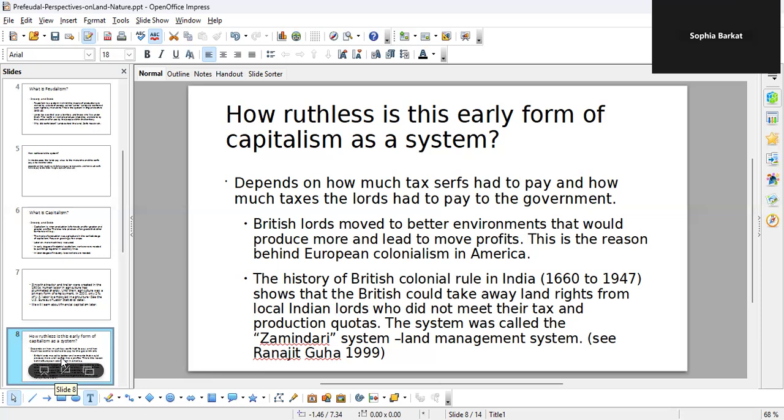The system was called the zamindari system or the land management system. And of course, because of this, many lords put a lot of pressure on the peasants to produce the quotas. So the system was quite vicious and quite violent.